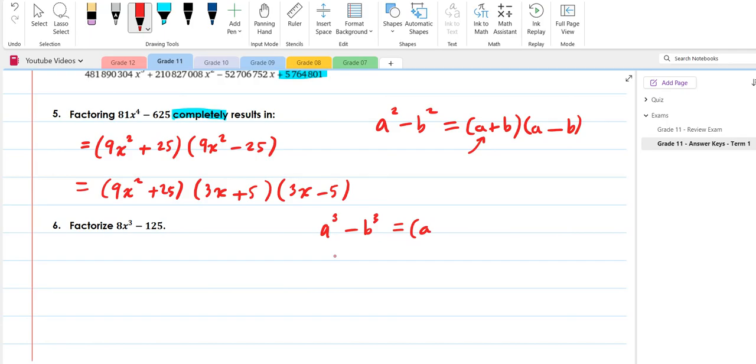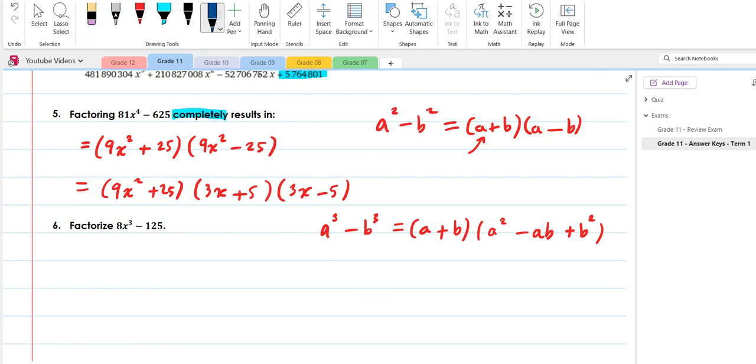The cube root of a cubed is a, the cube root of b cubed is b, and for the second bracket, we have a trinomial, so we square the first term, a squared, we square the last term, b squared, and the middle term will be the product ab with the opposite sign, so minus ab.